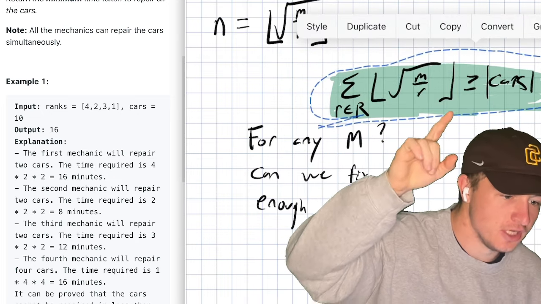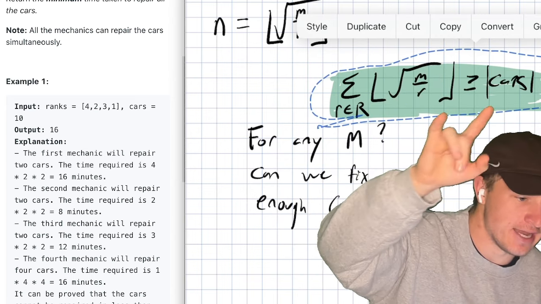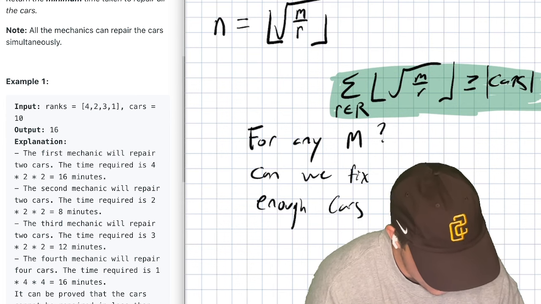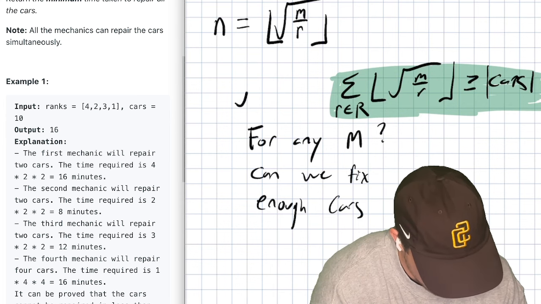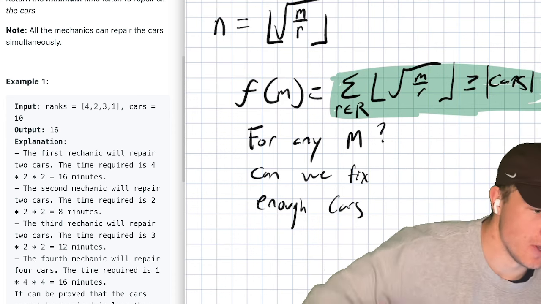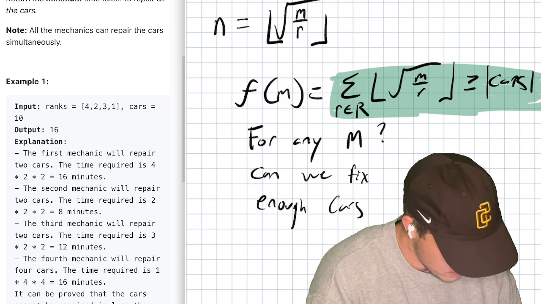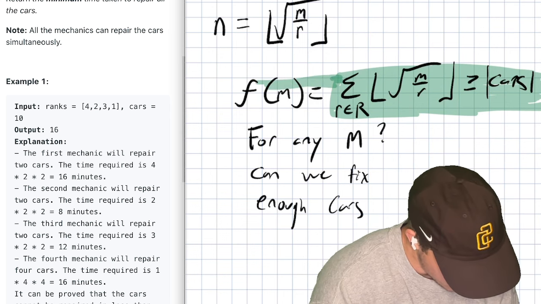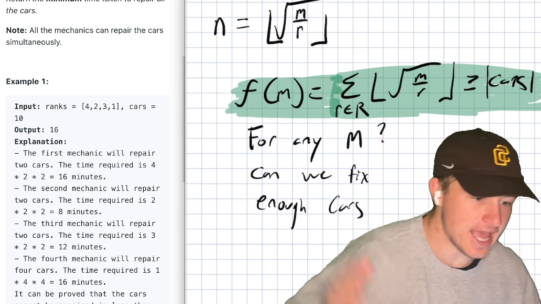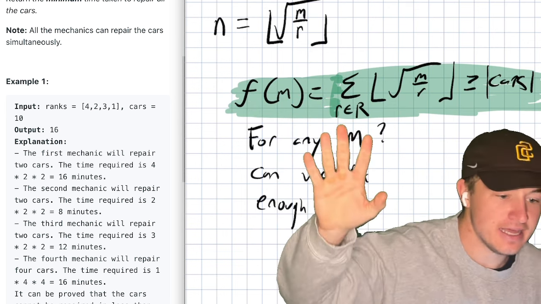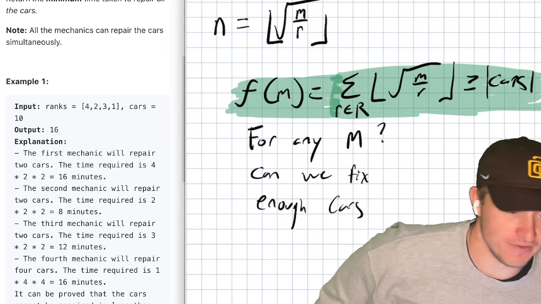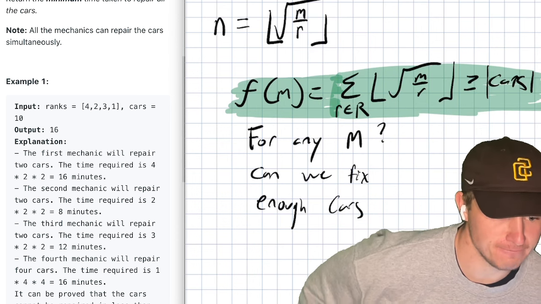For all the R's, we know how to do the square root operation, we know how to floor divide, and we know the number of cars that we have. So this is a function in terms of M. We'll call this function f of M equals this. So f of M equals, and then we're going to expand this out even more because why not? This is our formula for determining, for any M value, can we fix enough cars given the number of cars that we're given in the situation?